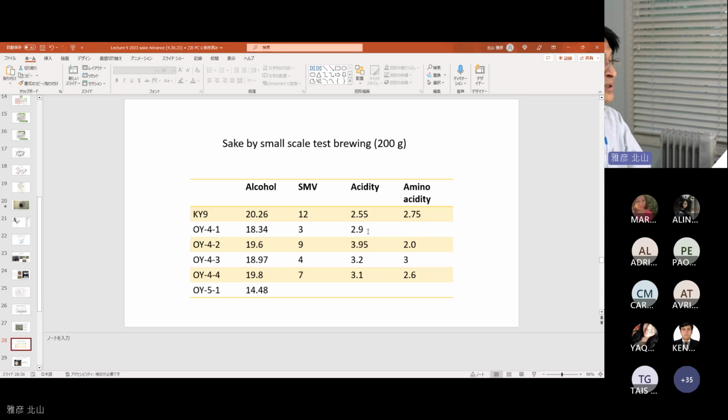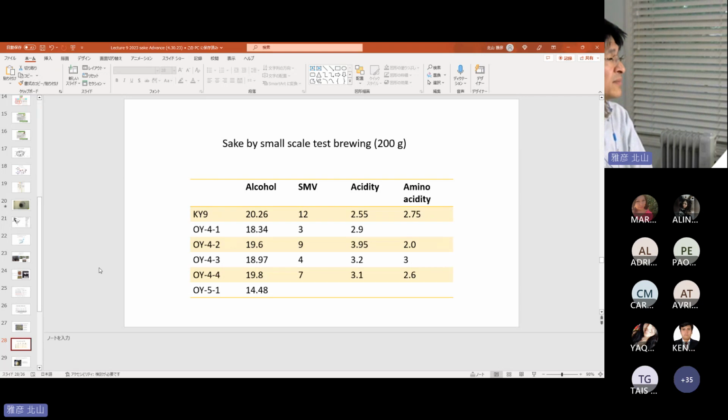Acidity: it seems to be more acidic compared with sake produced by KY9, so it has more acidity. Amino acid level is about the same. So it may have about the same level of umami as sake produced by the control number 9 yeast strain. So this can satisfy many people.